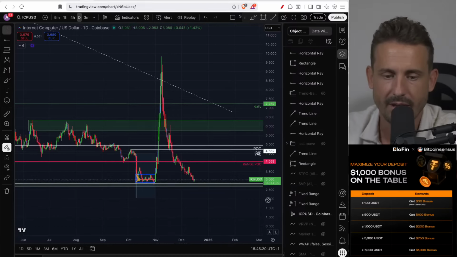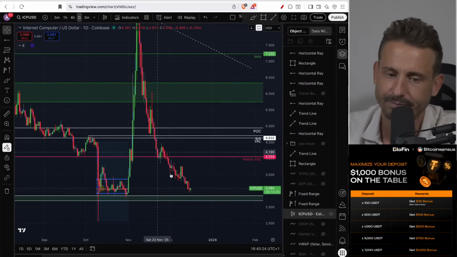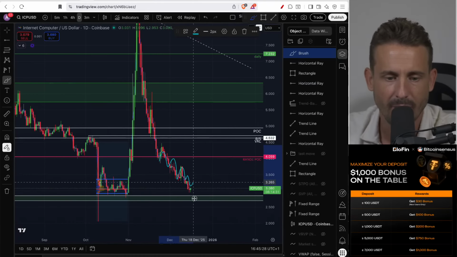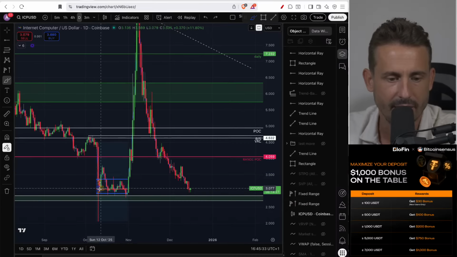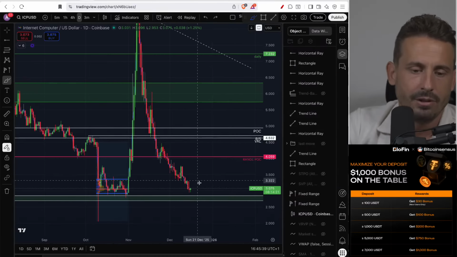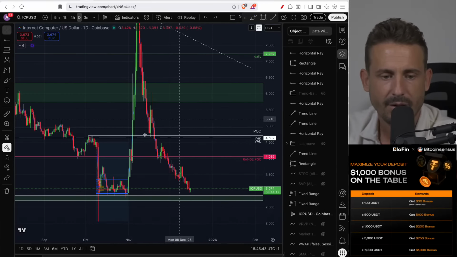We're at the point of control of this zone on ICP, but this is heavily downtrending still. That's the first major support, weekly naked point of control here at $3, which is currently where we're at. You could get a little bounce here throughout the next coming days.